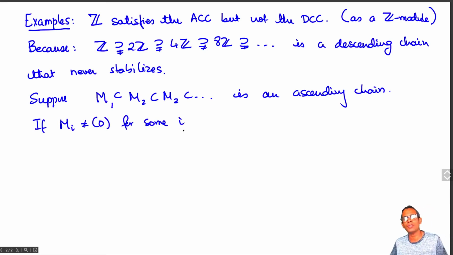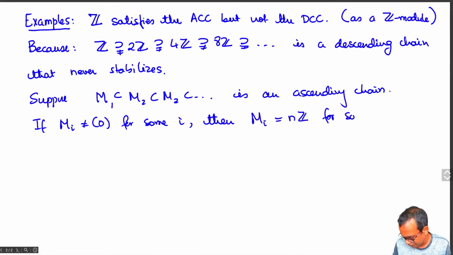If Mi is 0 for all i, then there's nothing to prove, because then it stabilizes right from the first stage. So if Mi is non-zero for some i, then Mi is actually of the form nZ for some n greater than or equal to 1. Okay, so Mi is going to be of this form because this is what all subgroups of Z and therefore all Z submodules of Z look like.